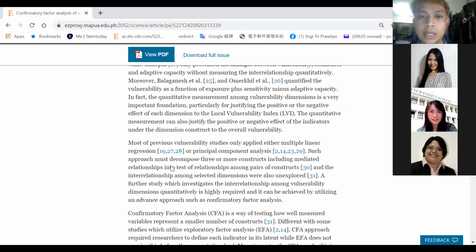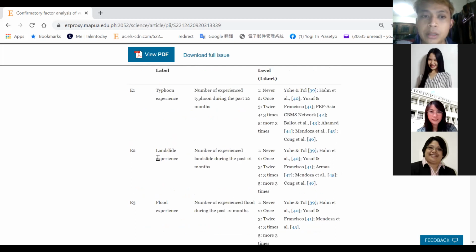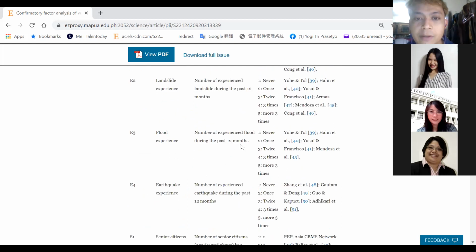For example, volcano experience. There is one big volcano in Marinduque. I forgot what's the name. It's in Torrijos. Anyway, for example, the number of volcanic experiences and the number of serious floods during the past 12 months.